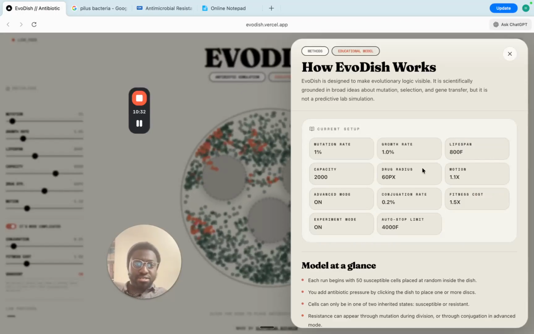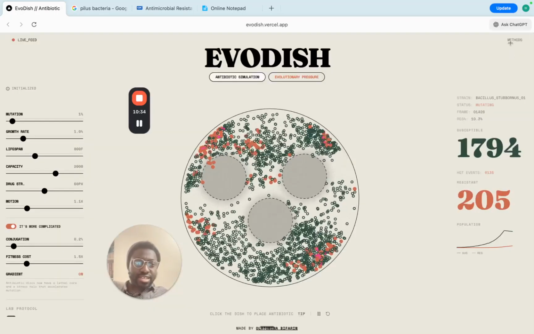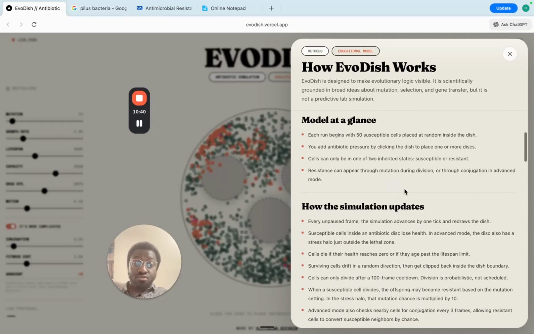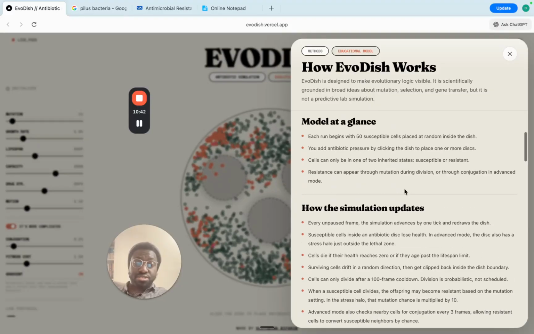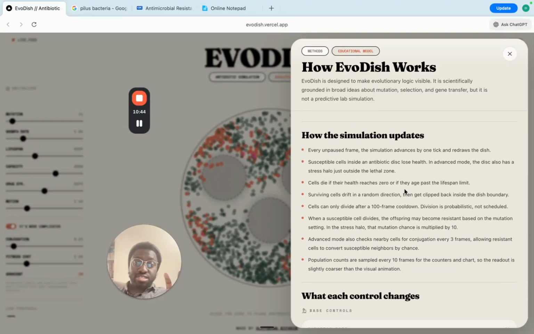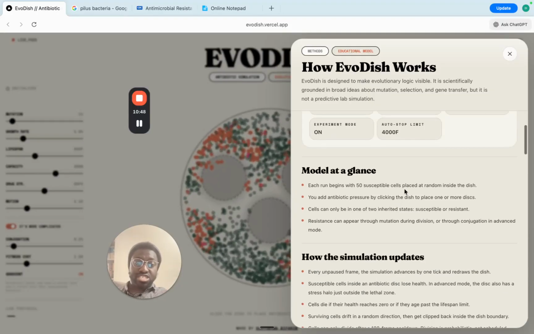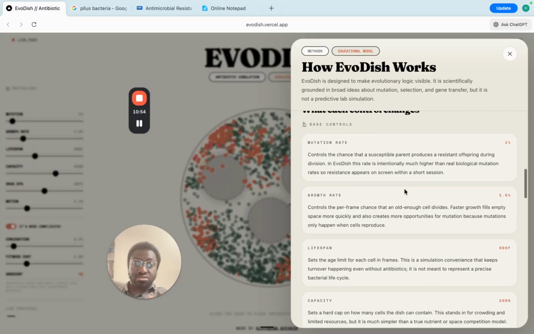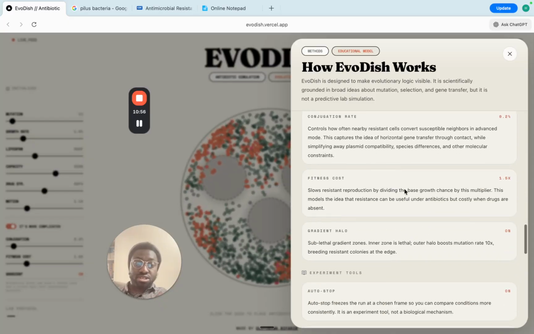But there's a methods section right here that people who are interested can use. It goes into some details of what's going on: the details of how the simulation updates, what each control does, the details about the base controls and the advanced mode.